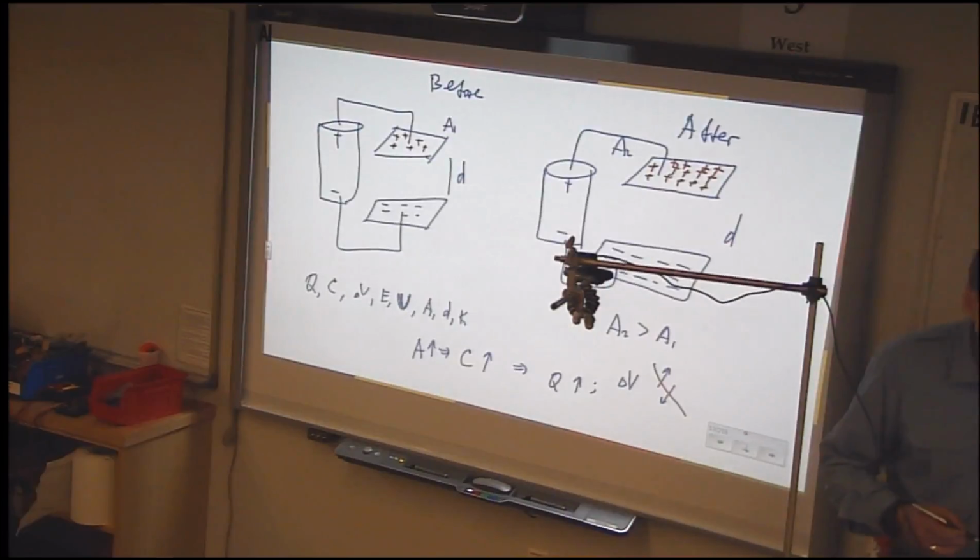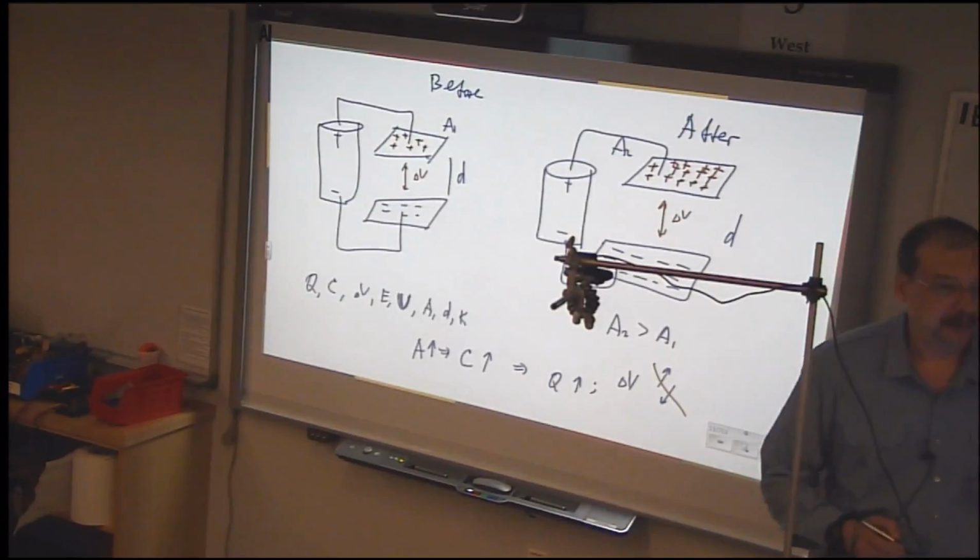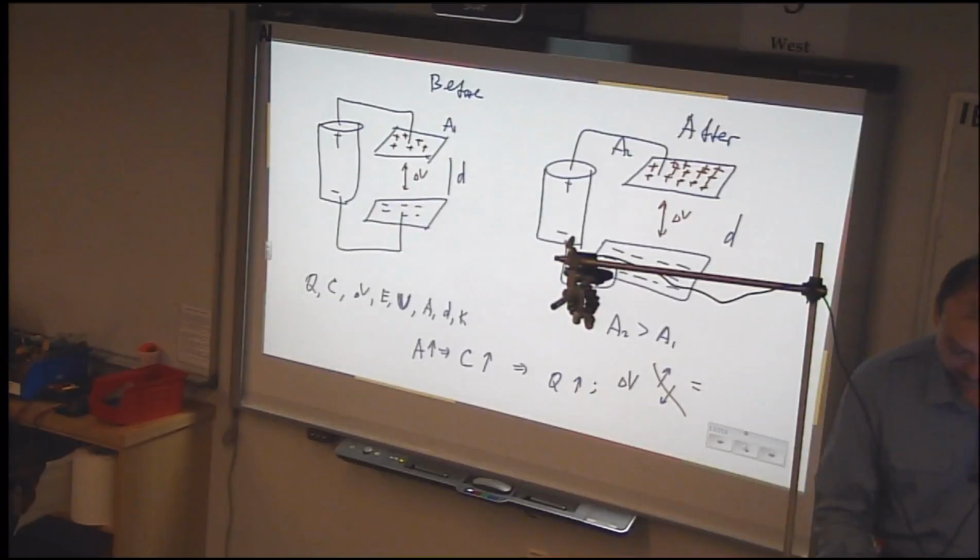So when we have a capacitor connected to the battery, no matter what is happening to the capacitor, the potential difference between the plates is being defined by the battery. So in this situation, it remains constant.